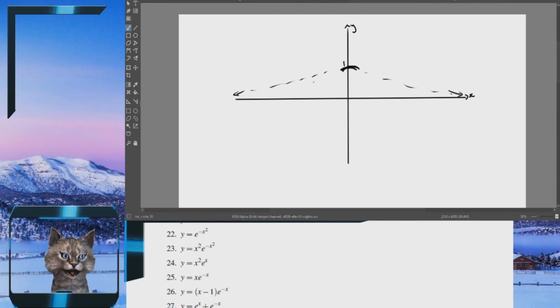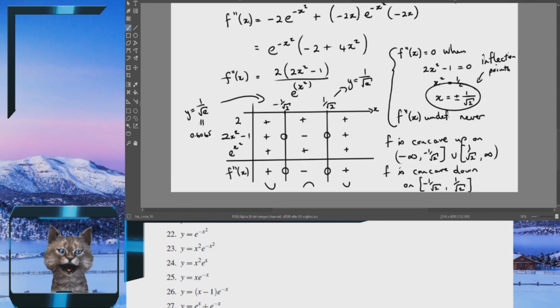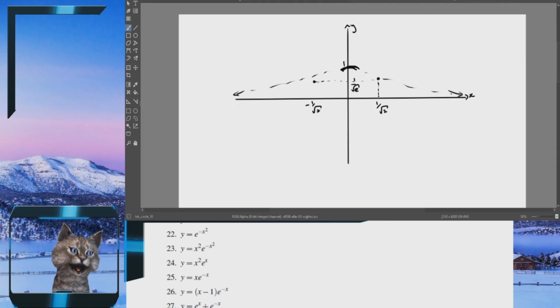Let's suppose it sits over here and here. So this is 1 over root 2, this is negative 1 over root 2, and this is 1 over root e. Now how am I bending? Up, down through the 2 points, down through the 2 points. That makes sense. Up, up. Okay, so it does make sense.